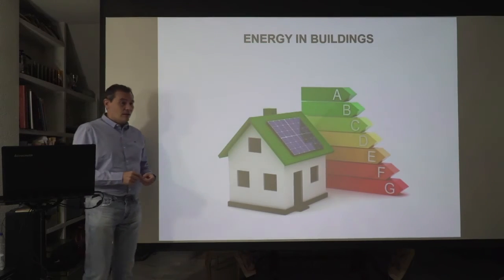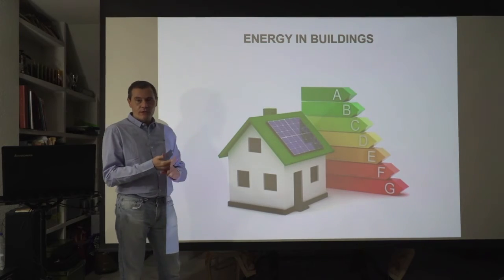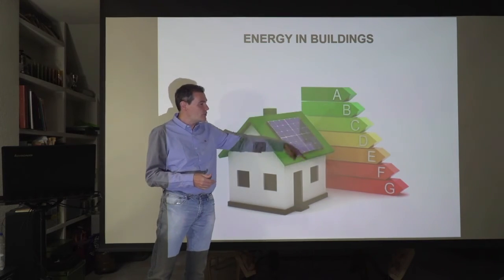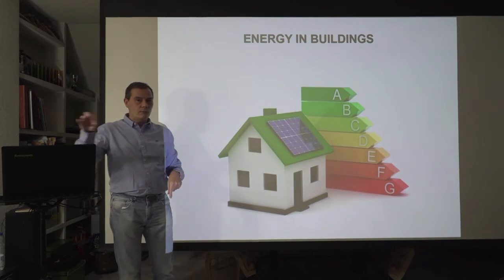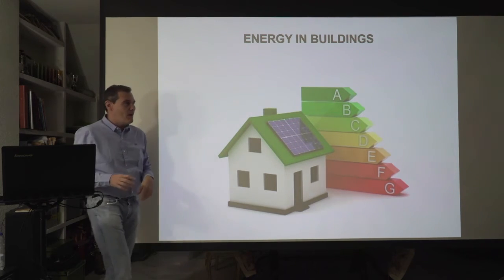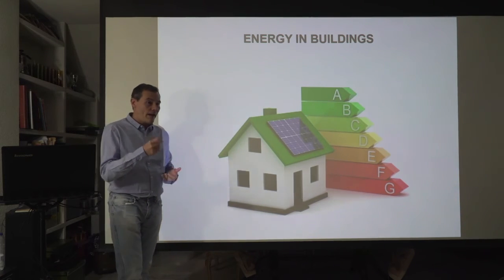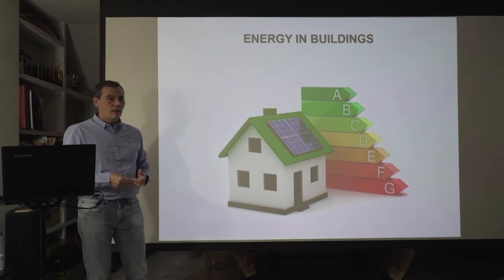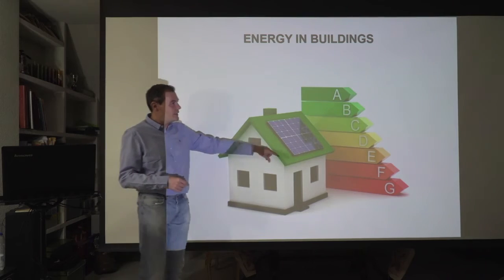Energy in buildings. We are used to looking at our devices, our refrigerators, washing machines, and we have labels like this. We have from A to G, or A plus, or A triple plus, whatever. In buildings, we have the same. Anytime you are buying a new building, or as an architect you design a new building, you need a category.